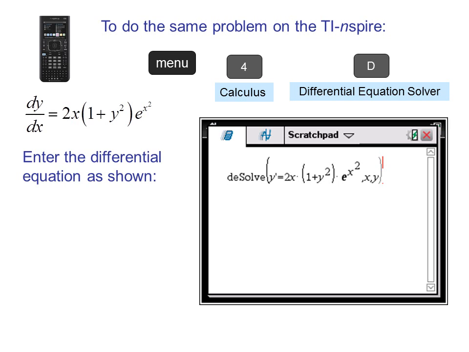Y prime equals 2x times the quantity 1 plus y squared times e to the x squared, comma x, comma y. We use the y prime form of the derivative. The prime symbol can be found on the punctuation menu using the punctuation key shown.